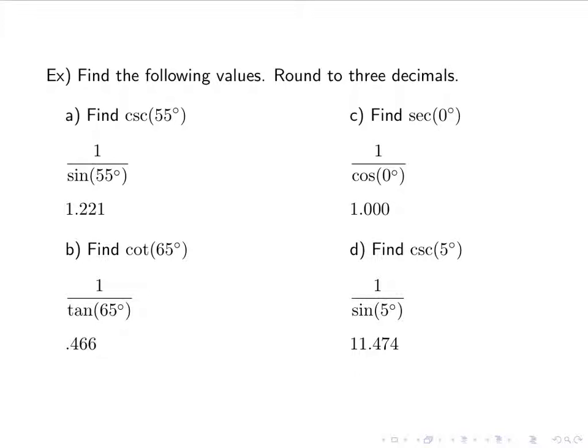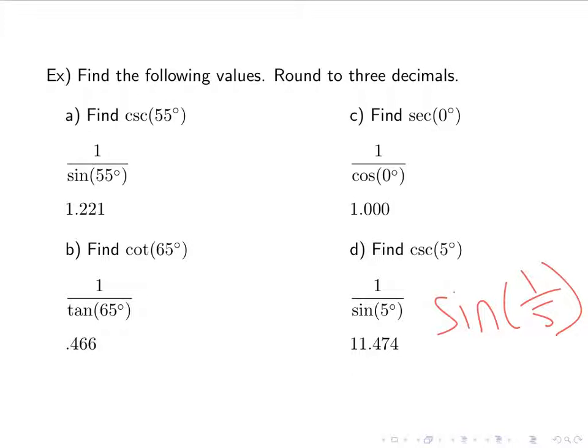Okay, so just try to remember, again, it's 1 over the trig function, not the trig function of 1 over an angle. And to make sure you did it correctly, remember cosecant and secant have to be at least 1. So if I did by accident do, say, sine of 1 over 5, that would give me something 1 or smaller, which I go back and say, well, that can't be possible for cosecant because I know it has to be at least 1.